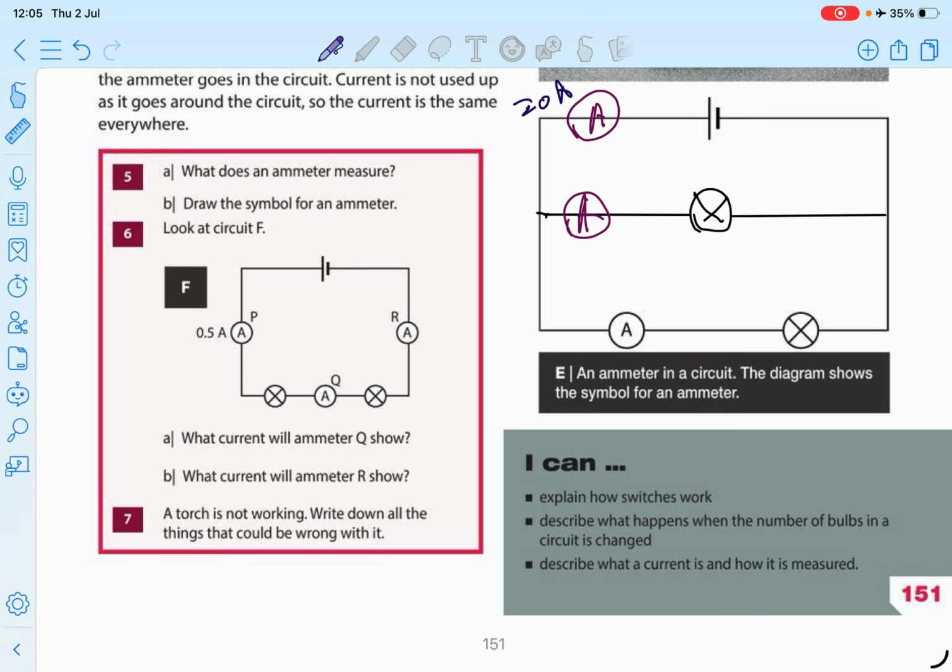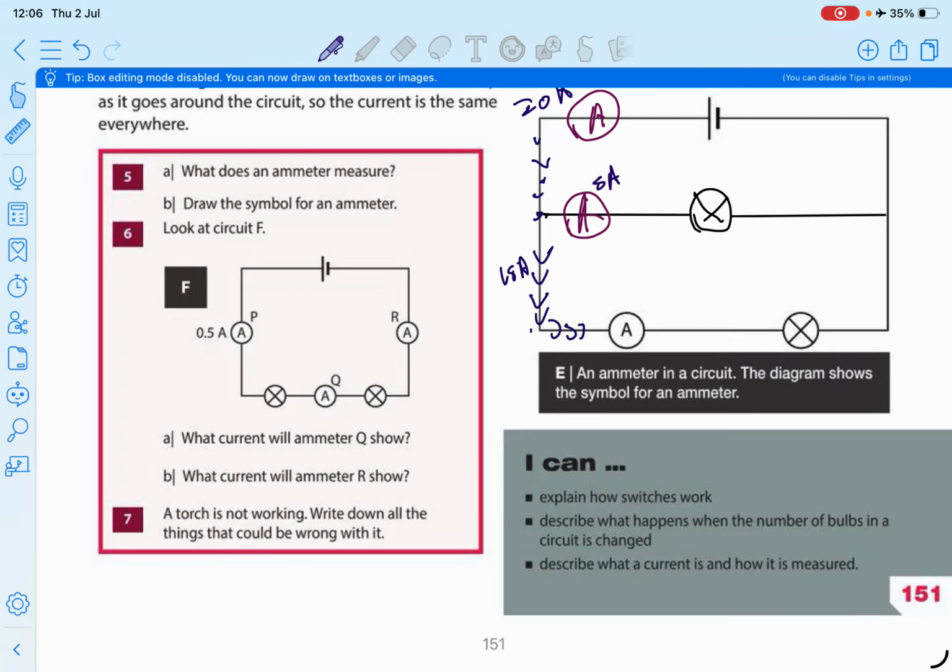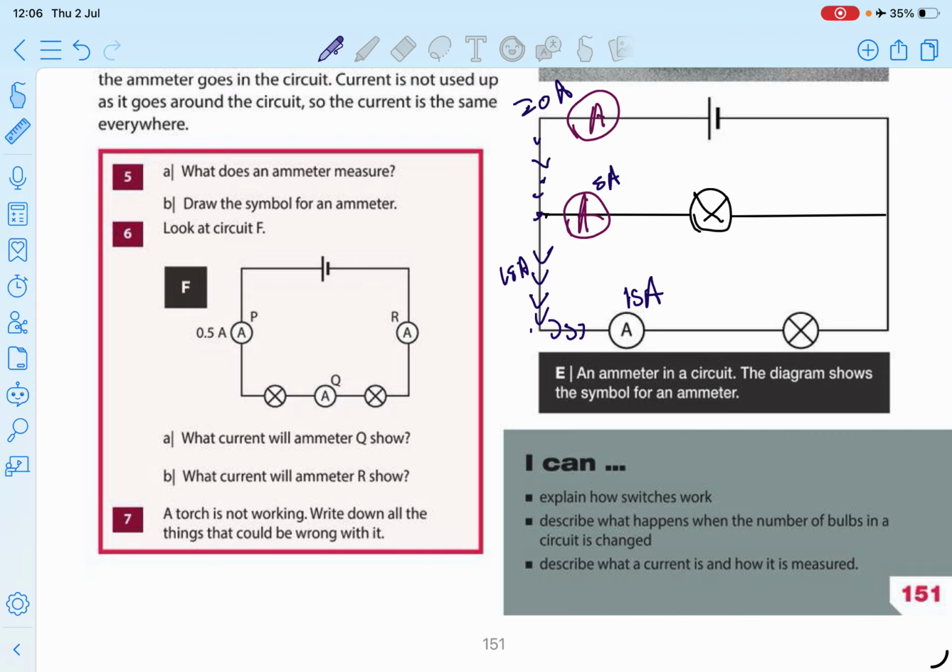The first ammeter shows 20 amperes, and the 20 amperes come here to a junction. The current is divided into two pathways. If they have given 5 amperes in one, how much current remains? 15 amperes. The 15 amperes goes this way, and this ammeter shows 15 amperes.